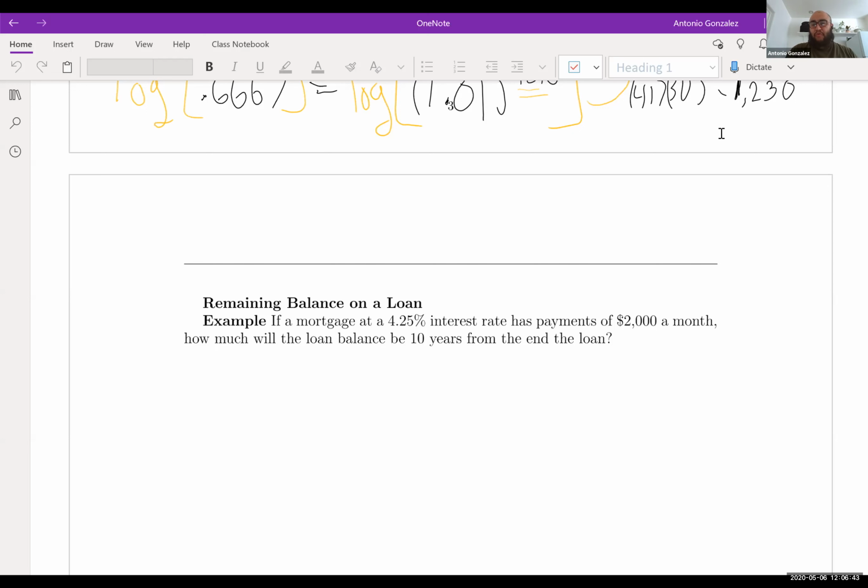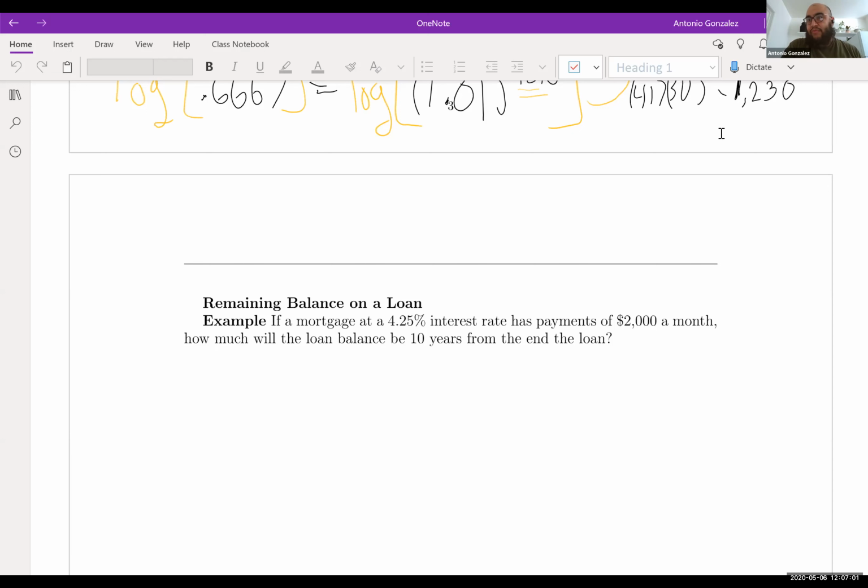A lot of that, especially in the beginning, goes towards interest. And as you do project 4, one of the questions asks you to generate the table, and all this will be done on a calculator that you'll find online. It'll break down how much of the payment is interest and how much actually pays down the principal.